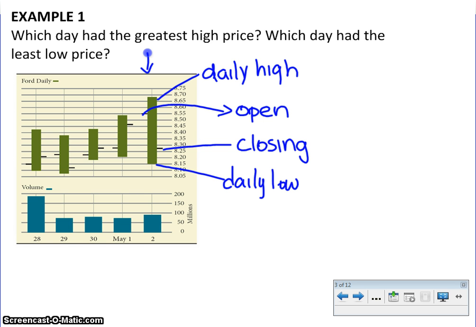So it asks what day was highest, what day was lowest. Well, it looks pretty obvious here. The dates are down here below. So this is April, and then we start with May 1st and 2nd. So the highest was on May 2nd, which you can see here, it went higher than any of the other days.